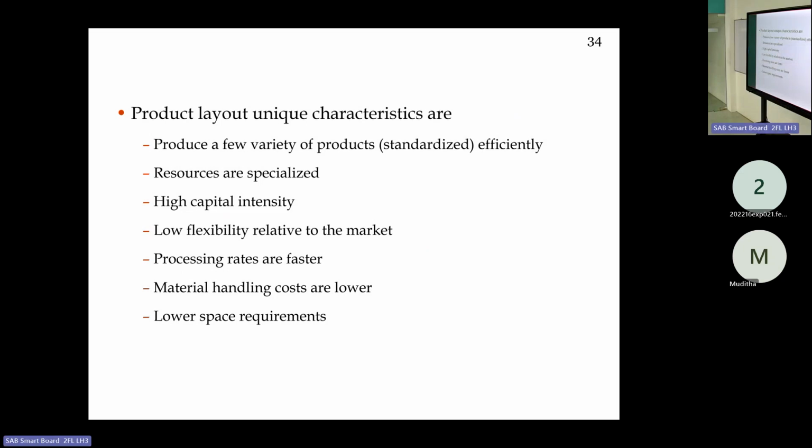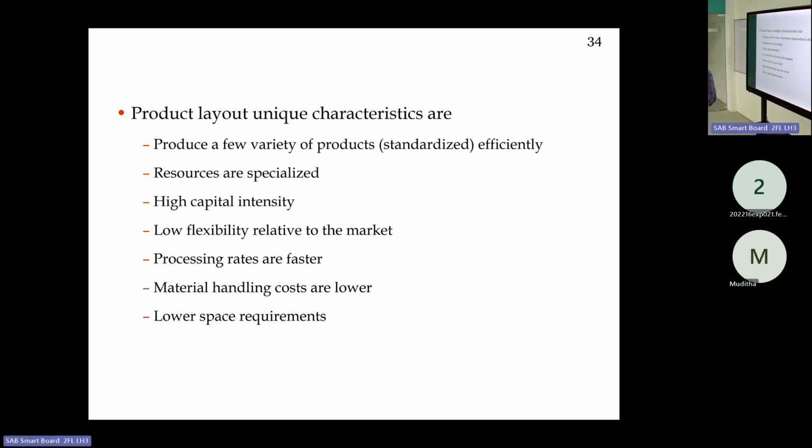But there can be manual assembly lines also to some extent. But mostly these workstations and the flow arrangements are capital intensive. Machines and automated processes. Flexibility is low. It is very difficult to change the volume and the designs as per the market requirements. Instead, they are used to produce relatively standardized products in high volumes.